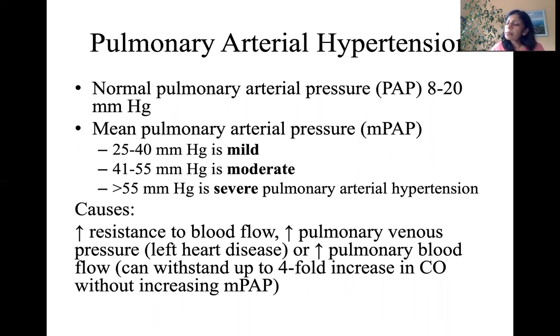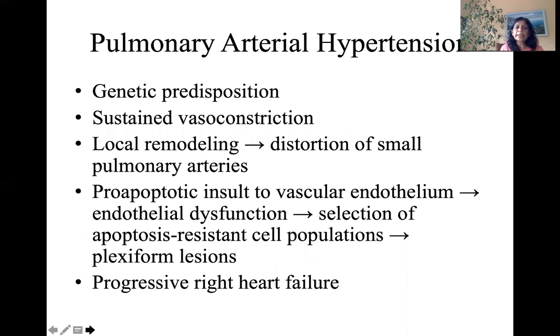Typically up to about 4 times cardiac output, it doesn't really affect the lungs with increased volume. But if it is way beyond that, you're thinking about a pulmonary congestion. Okay, so those are some causes. You will see many more very soon. So let's talk about some more details.